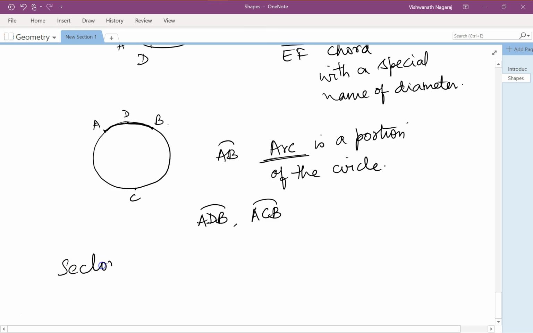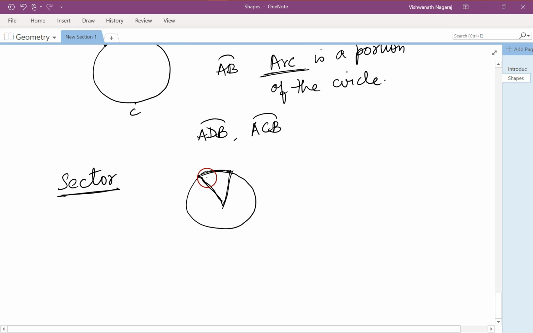There is something called as a sector. If you connect the endpoints of the arc to the center, that region is called the sector.